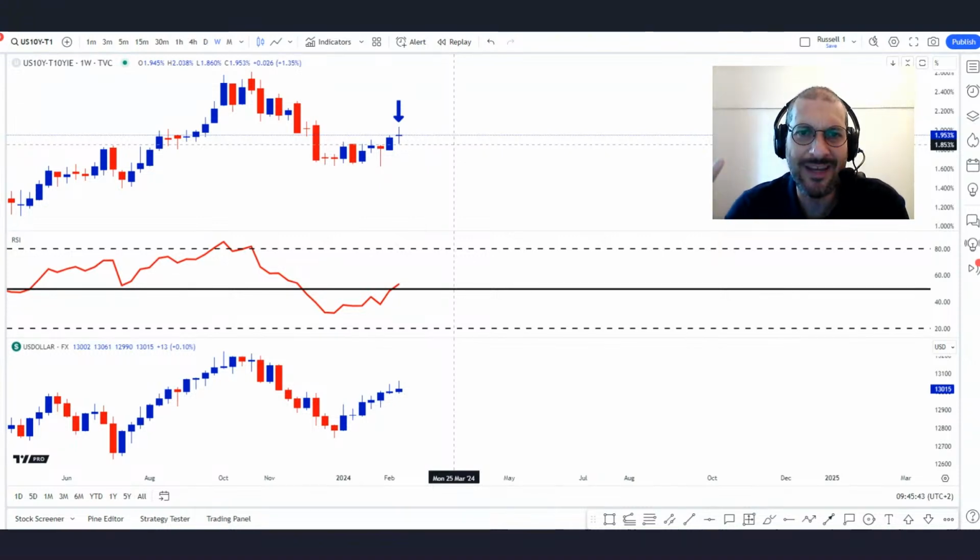It has been moving in that northeasterly direction, but if we look at the actual candlestick, it is a doji. And that makes sense. I'll tell you why I think it makes sense. It's because the idea is that over 2024, rates will be coming down.